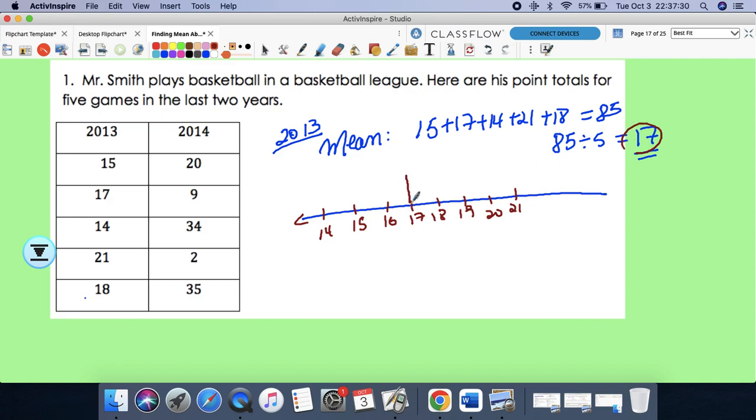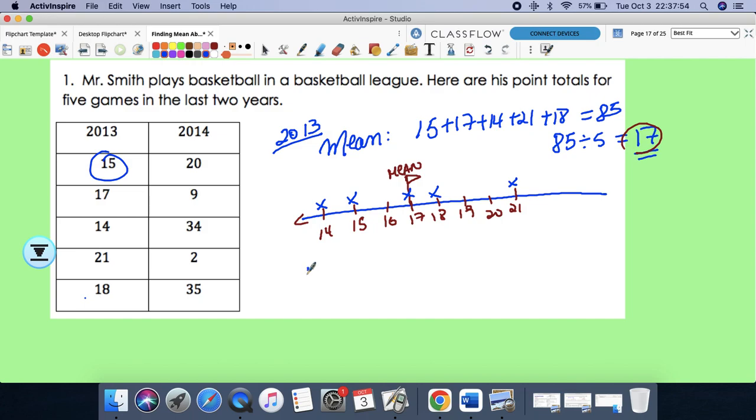So over here, I'm going to write the mean is 17. Draw a little flag. Let's put the other numbers. So there's a 15. Here it is. There's a 17. Here it is. There's a 14. Here it is. 21 and 18.